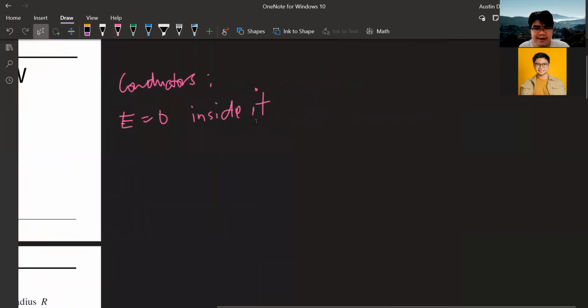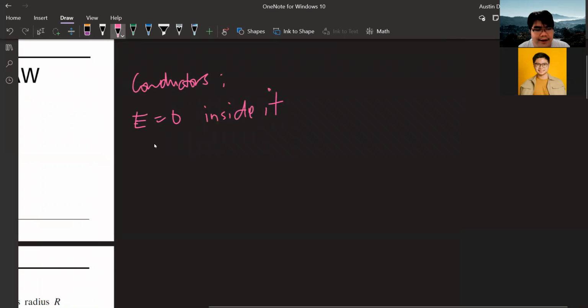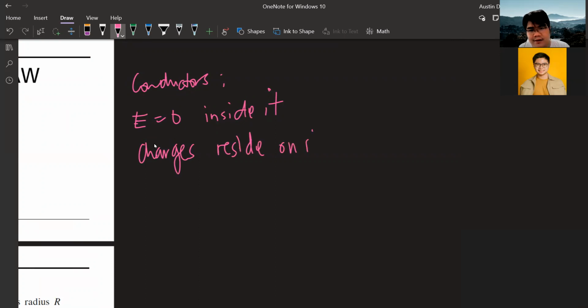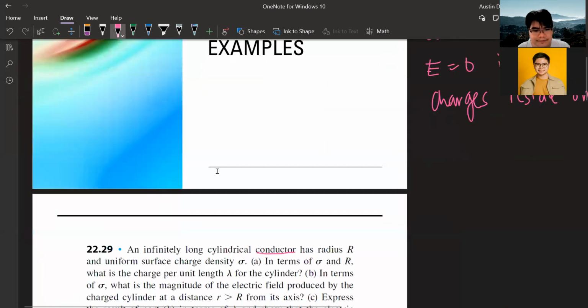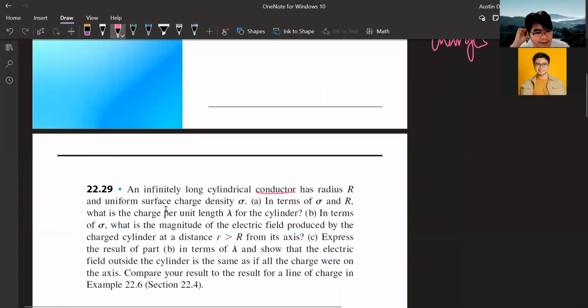So, ibig sabihin ng inside niya would be on the thickness of the conductor. Okay? And then, what else? Charges reside on its surface. Okay? Okay, so let's try to do things.